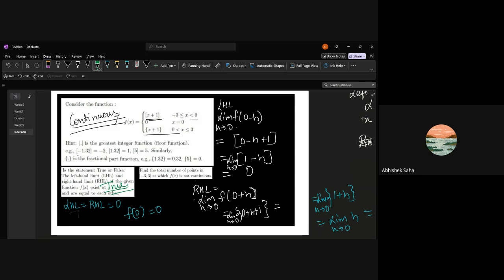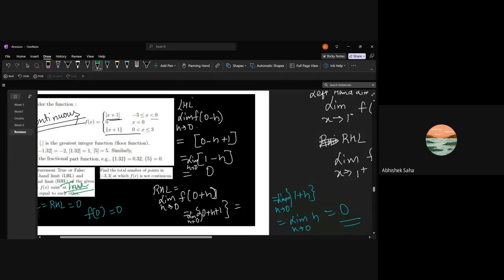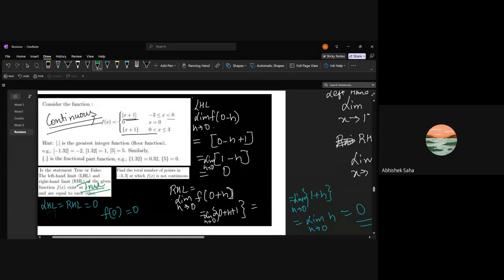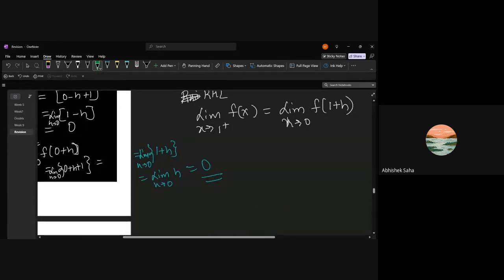So the function, you can see that the greatest integer is not continuous. If you remember, the greatest integer is not continuous at which points? At integers only. Let me give you an example.